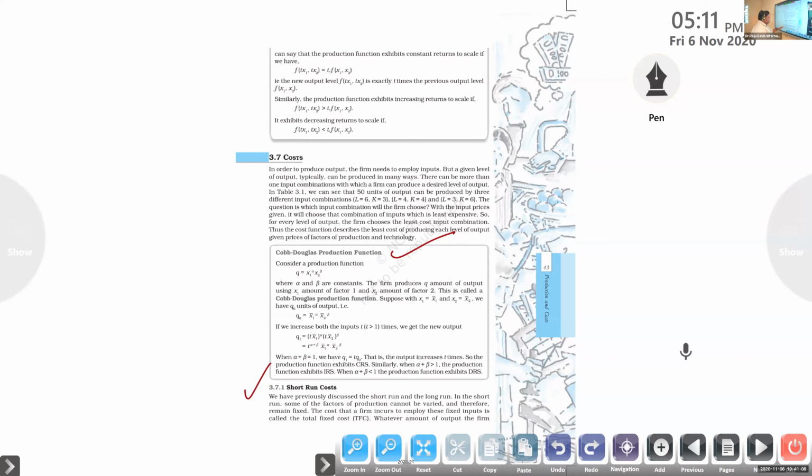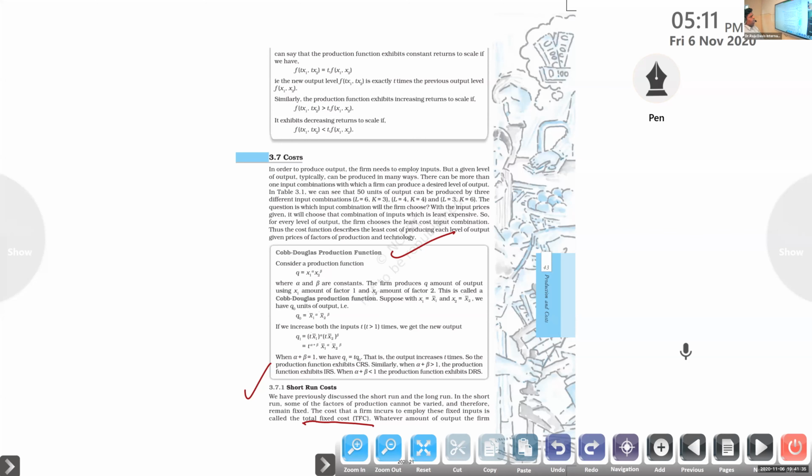The cost that a firm incurs to employ these fixed inputs is called the total fixed cost. We know that some of the inputs may not change. The money that we spend to utilize such inputs comes under the category called total fixed cost, or TFC.